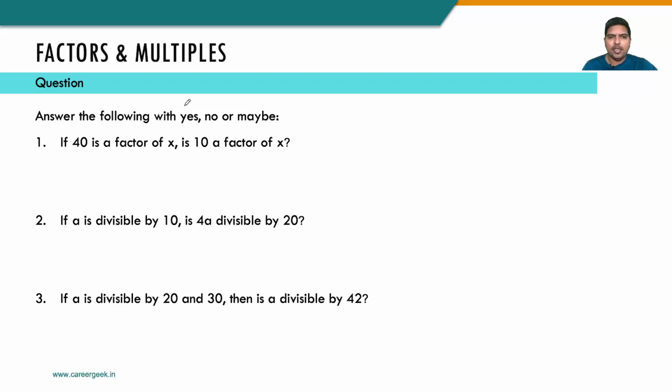Answer the following with yes, no, or maybe. If 40 is a factor of x, let's say, what is given is x upon 40 is an integer, right? Question is, is x upon 10 an integer or not?